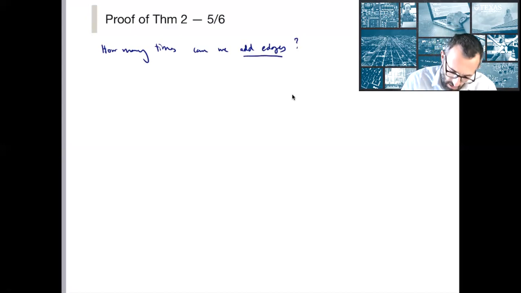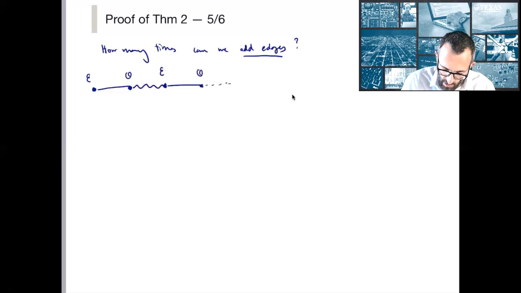So what is the picture that we have? We have our even node, odd node, even node, odd node, and then possibly other things are happening over here. And we may add an edge.